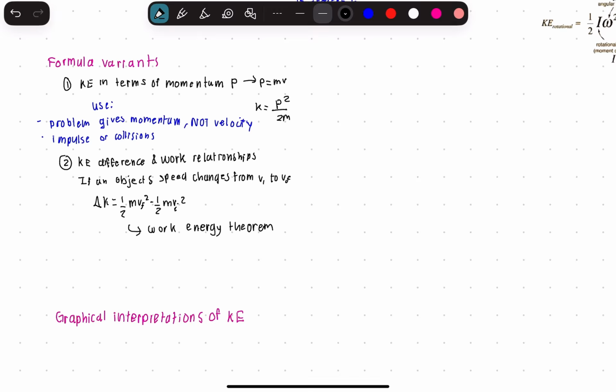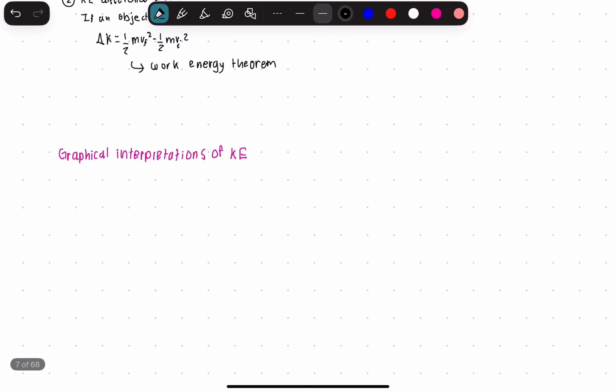Now let's talk about the graph of kinetic energy. In the kinetic energy versus v graph, the curve is opening up as a parabola, because kinetic energy is directly proportional to velocity squared.